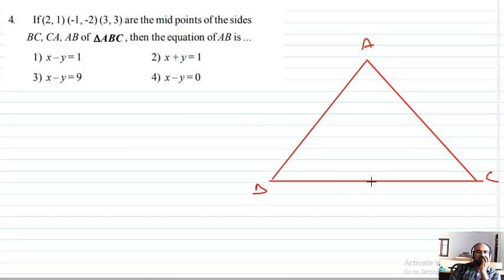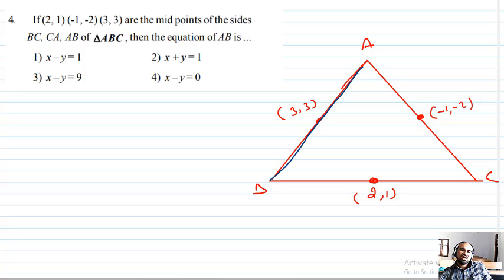BC midpoint is 2 comma 3, another midpoint is 2 comma 1, CA midpoint is minus 1 comma minus 2, and this midpoint is 3 comma 3. What do you want to find? You want to find the equation of AB. Already a point is there on this line, that is 3 comma 3.